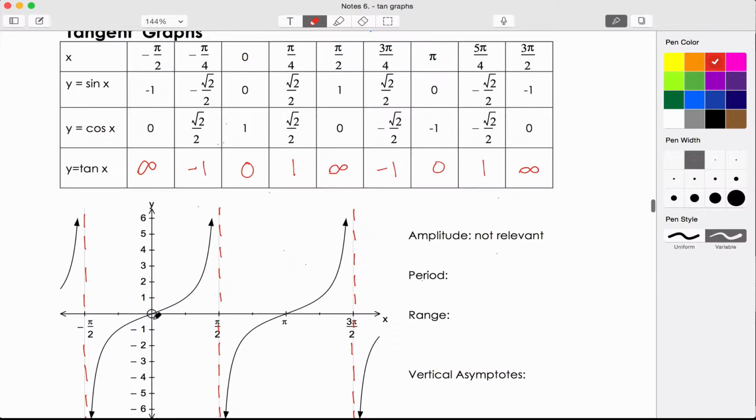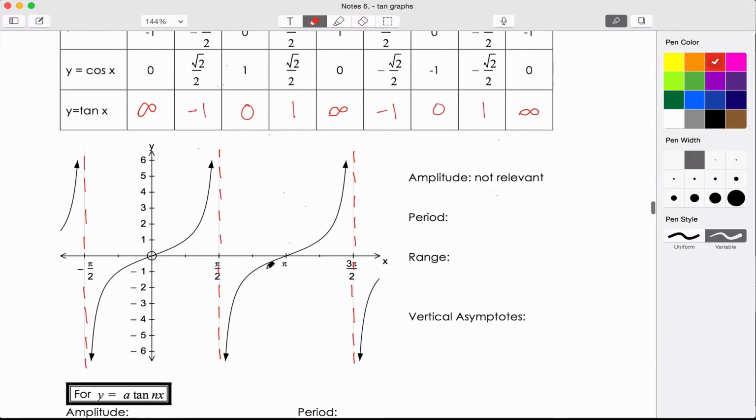And once we have the asymptotes and the 0 values, we can put the shape of the graph in. Now this is a periodic function, just like the sine and cos graphs, which means it continues on forever.